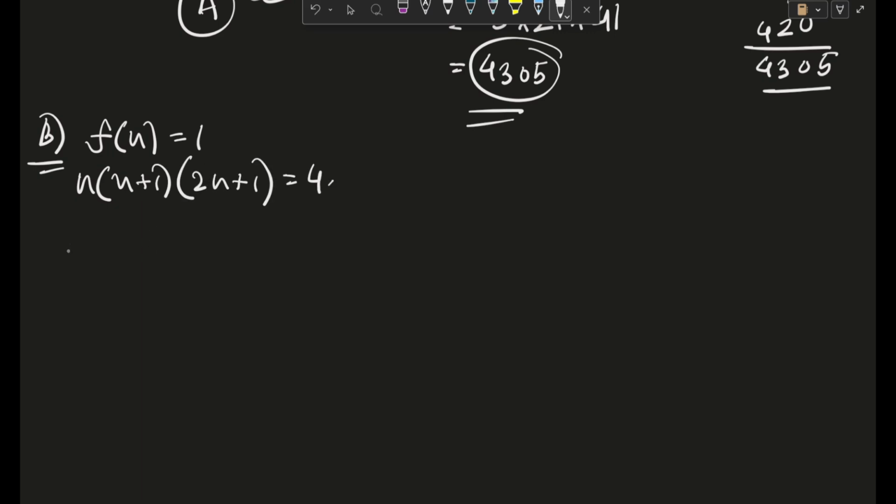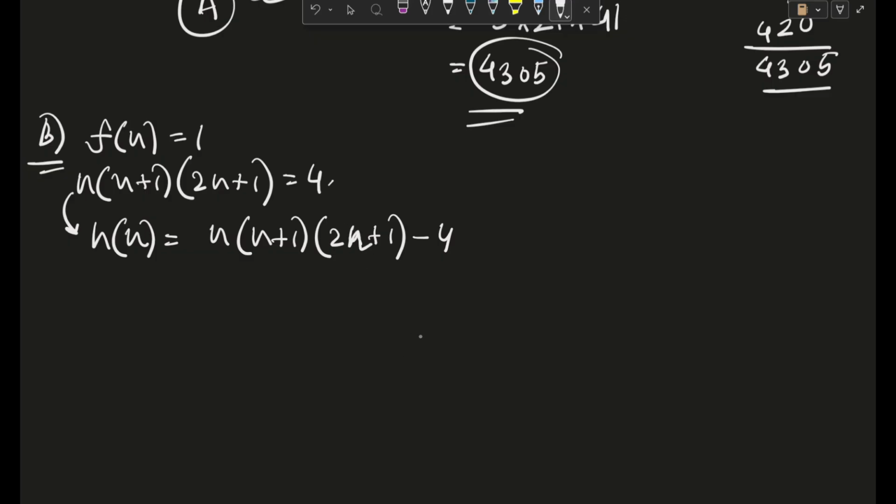Now from here we take a function h of n, which is equal to n into n plus 1 into 2n plus 1 minus 4. If we take the boundary points, our boundary points were 0 and 1. But before that, we will also try to ascertain whether this function is increasing or decreasing.